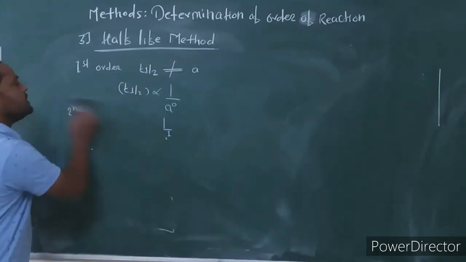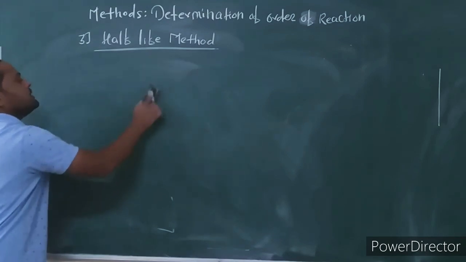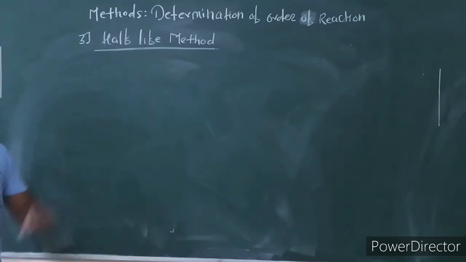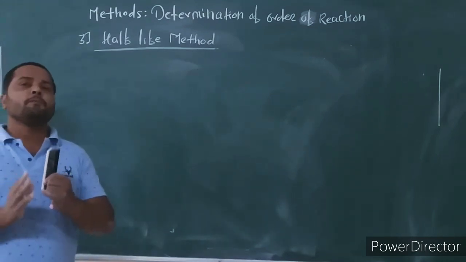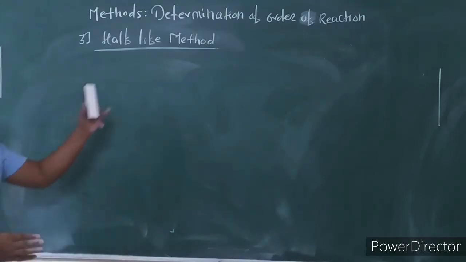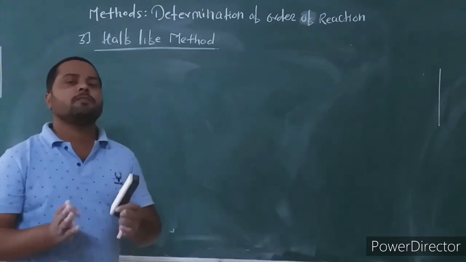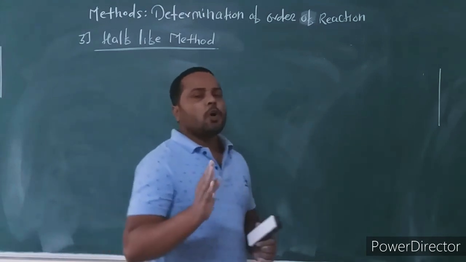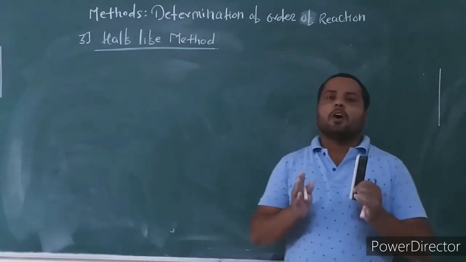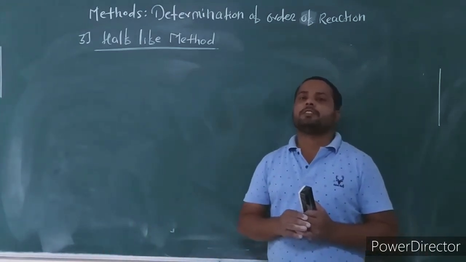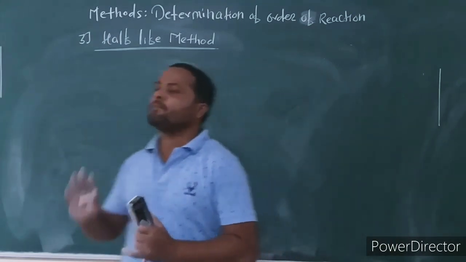So this equation is used to determine the order of reaction by using the half-life method. Then how do we determine order of reaction with the help of the half-life method?